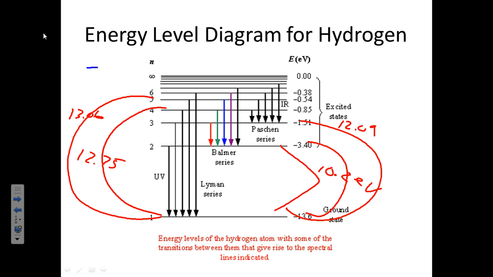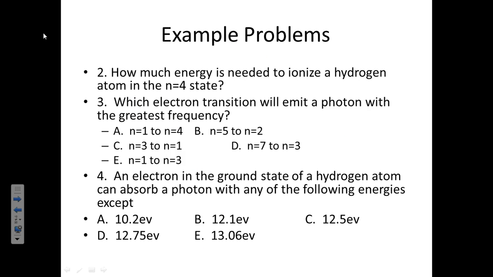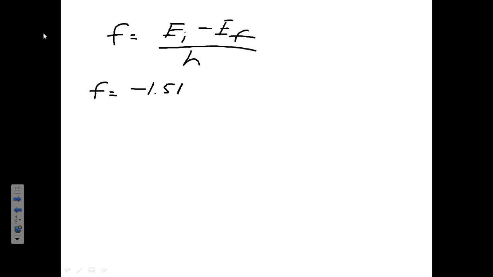So now if we go back and try to work this thing, we're trying to find frequency and wavelength. To find frequency, we established that we need the initial energy minus the final energy, all divided by what? H, Planck's constant. So the initial energy, the energy at level 3, is negative 1.51 electron volts.